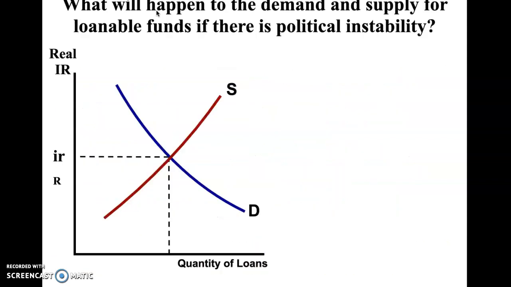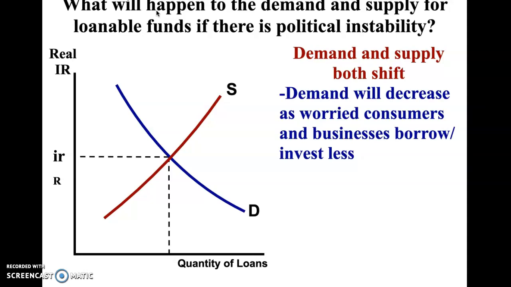All right. So what will happen to the demand and supply for loanable funds if there's political instability? Well, if you think about it, both supply and demand are going to shift, and they're both going to decrease. Demand is going to decrease because consumers and businesses borrow and invest less during that time.